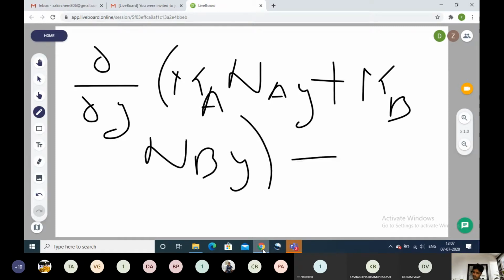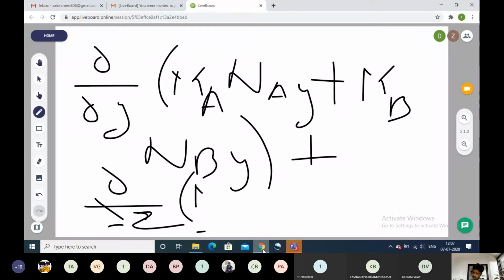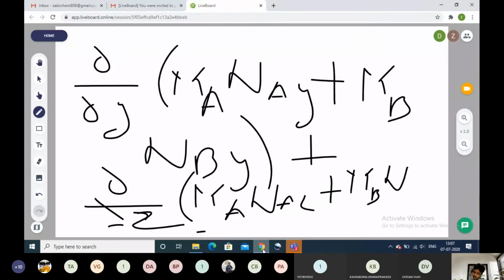Then the next step is for the Z component: dou by dou z of MA NAZ plus MB NBZ. This is overall for three components.